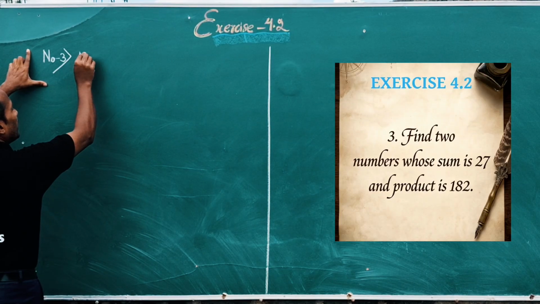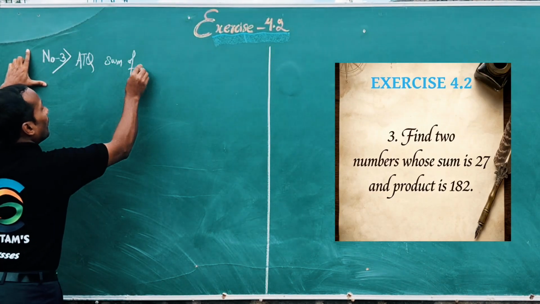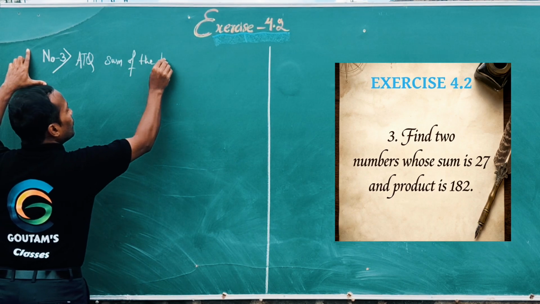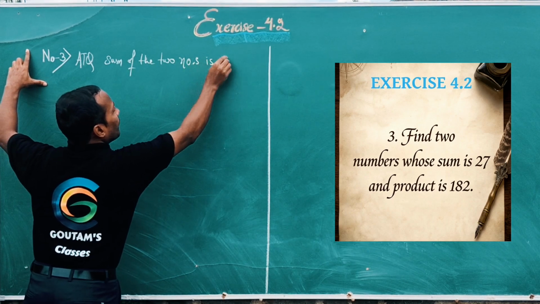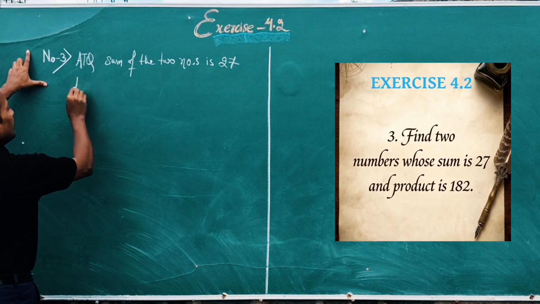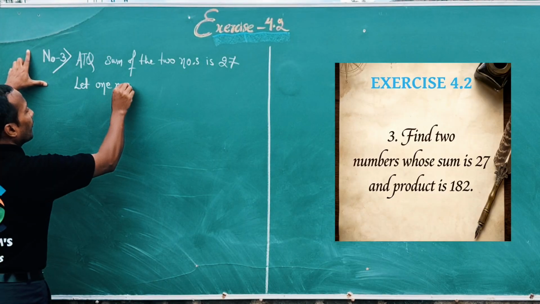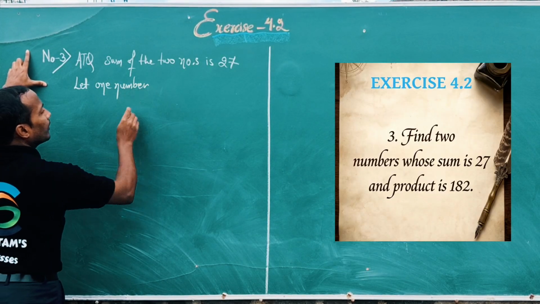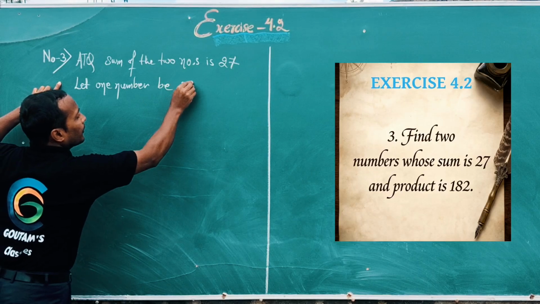So let me write, according to question, sum of the two numbers is 27. That means let one number be x.